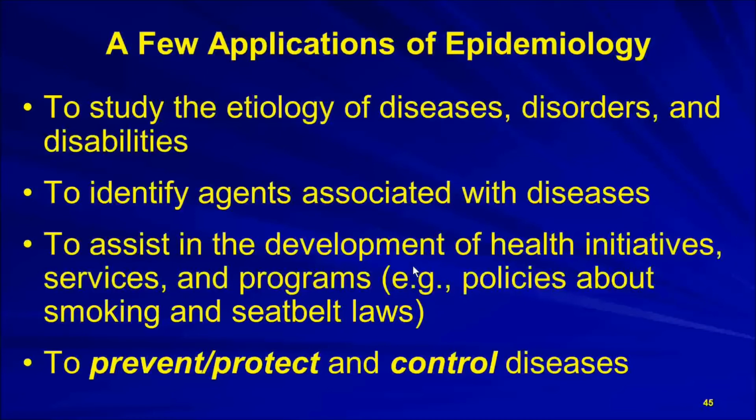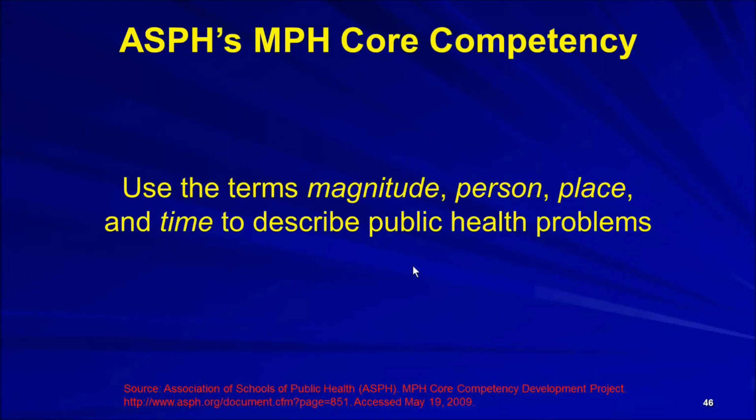I hope so. Now, as I mentioned, we're going to talk about core competencies, and we told you that the course was put together thoughtfully, and the content is dictated by the associations of schools of public health.